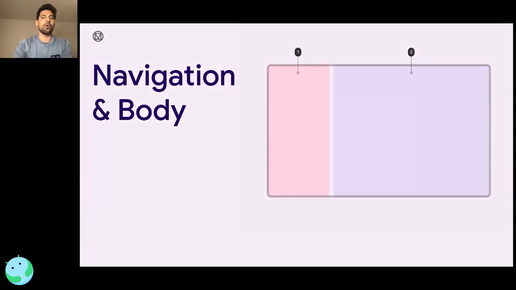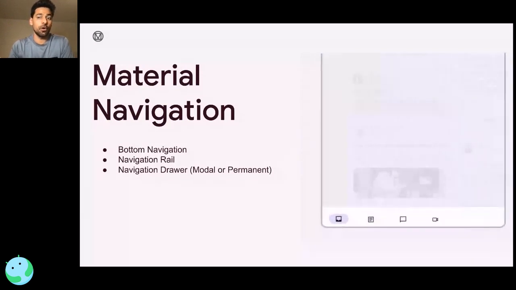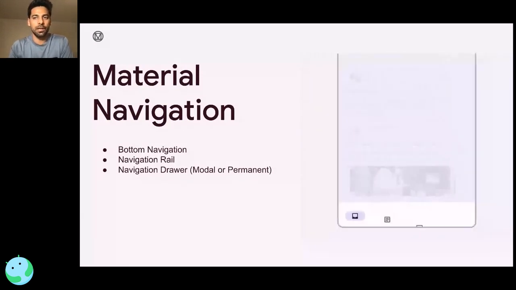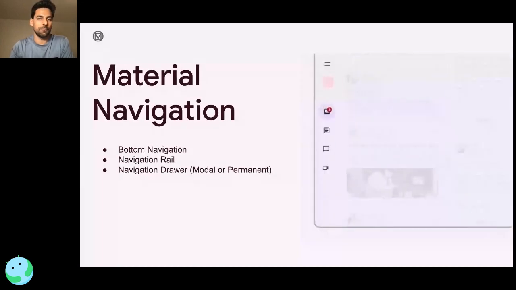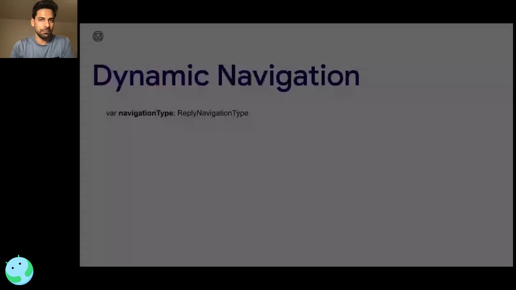Material navigation already provides a suite of different navigation components designed and implemented to fulfill different screen size needs. We have the bottom navigation we all use on phones, we have the navigation rail for medium to large devices, and we have the navigation drawer for very large tablets or foldables.